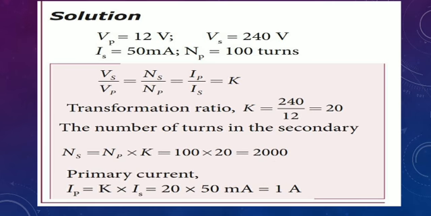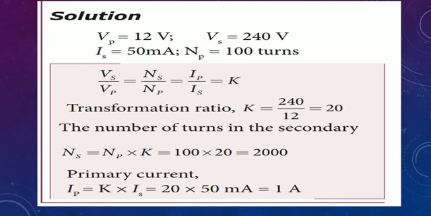Milli means 10 power minus 3, so we convert it into a single 1 ampere. Therefore the primary current is 1 ampere. The number of turns in the secondary coil is 2000. Okay students, it is easy now, right? It's a very simple question. Do you understand?